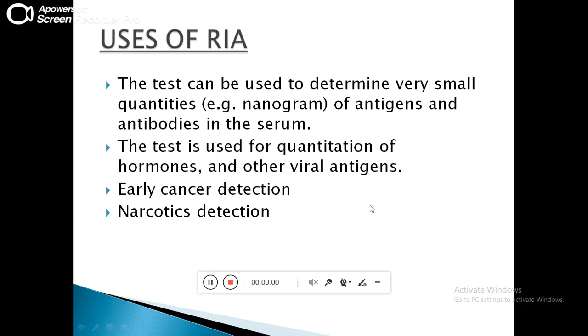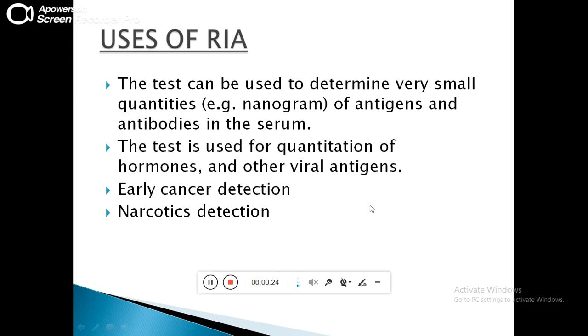Moving on to the uses of a RIA, the test can be used to determine very small quantities of an antigen or an antibody in the serum. As we are already aware, this test is highly sensitive, it can be used to determine a very low concentration of antigens or antibodies in the sample, even in terms of nanograms, which is about 0.001 mg.